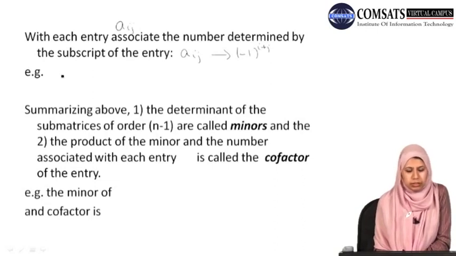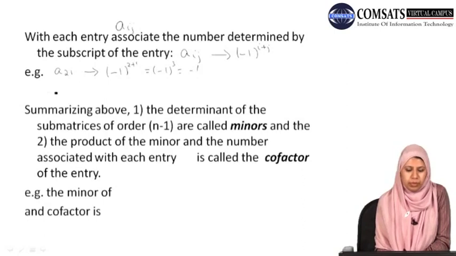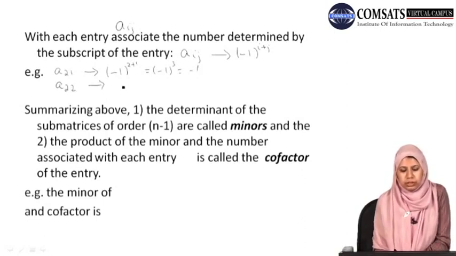For example, if we take our entry A21, then the number associated with this entry will be -1 to the power 2 plus 1, which is -1. With respect to the entry A22, the number associated will be 1.